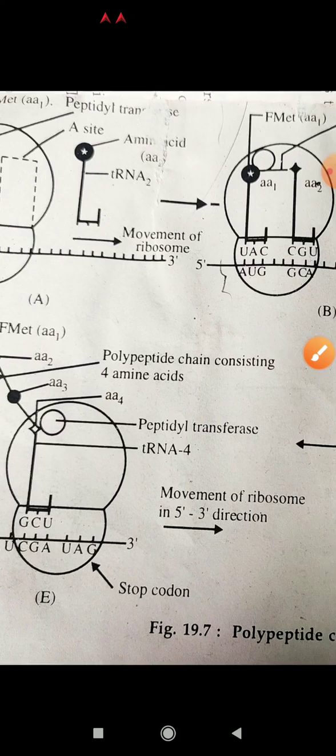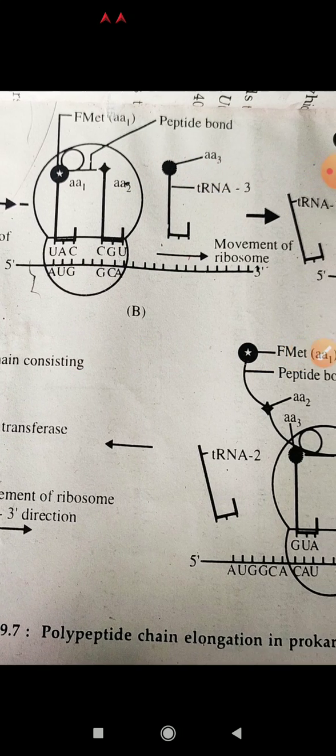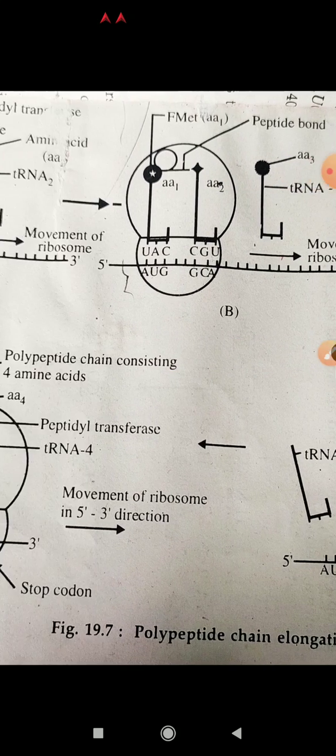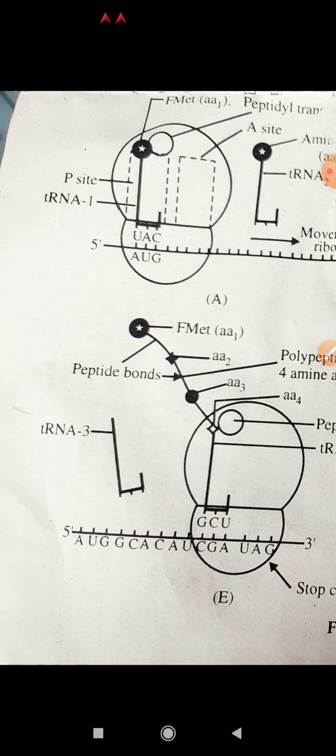So the next triplet or next codon will take the A site. Accordingly, tRNA will come over there and will have the specific amino acid, and like this the process continues, and addition of amino acids takes place.